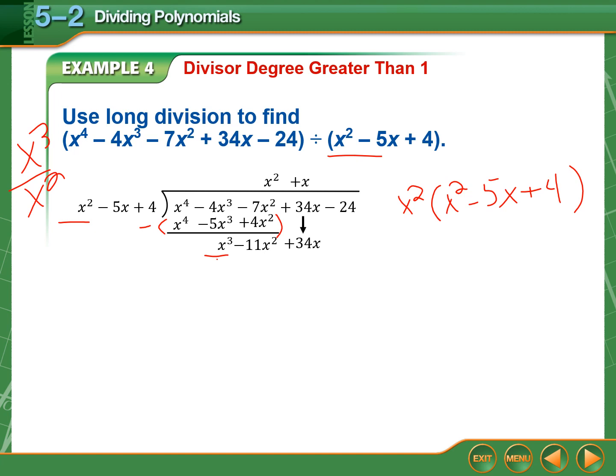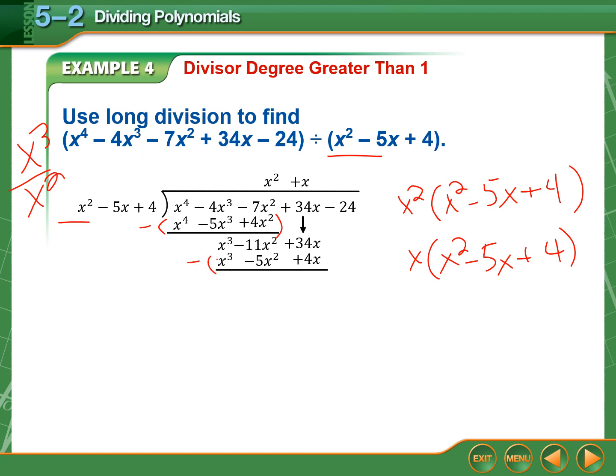So now let's multiply. Remember, I'm multiplying my x times that whole divisor. X times x squared is x to the 3rd, x times negative 5x is negative 5x squared, and x times 4 is 4x.